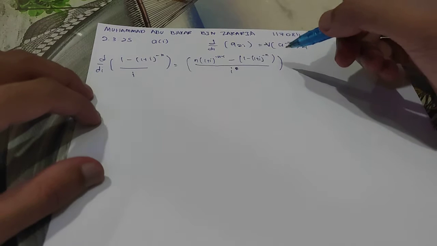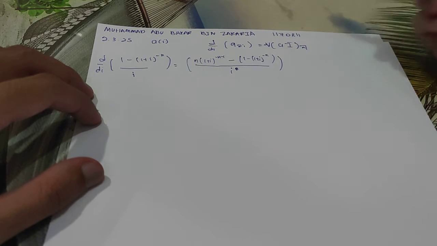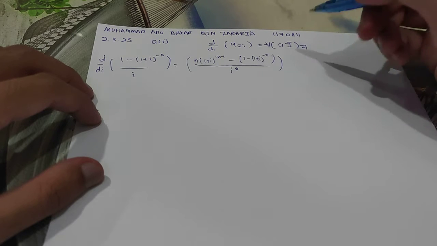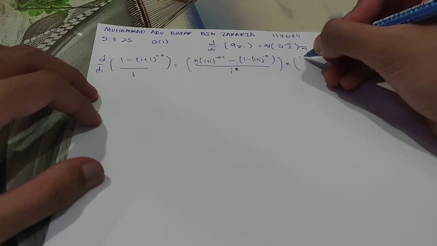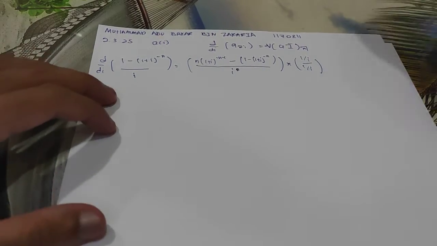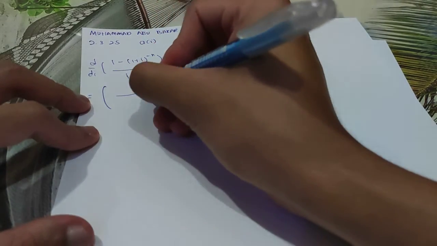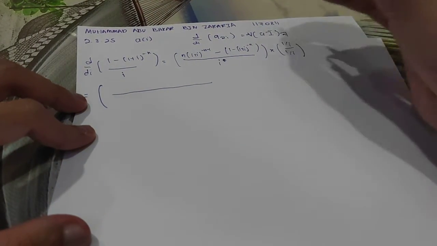Firstly, we know that beside this equation there is 1. So we need to change 1 to 1 over i divided by 1 over i. Then we will get the solution like this.